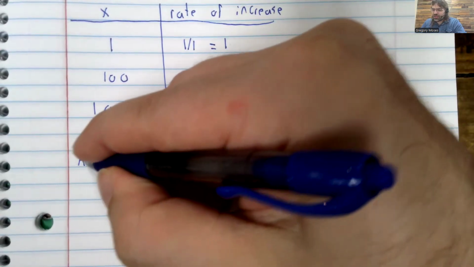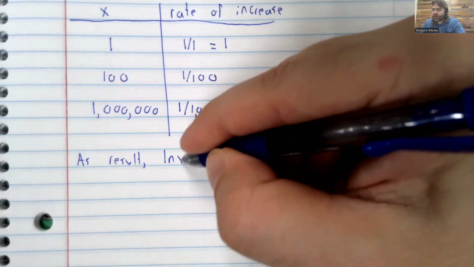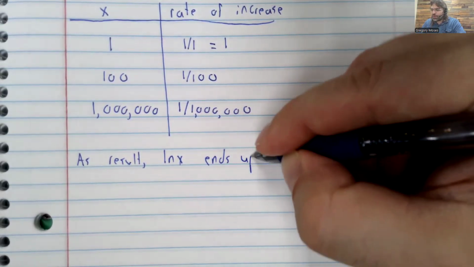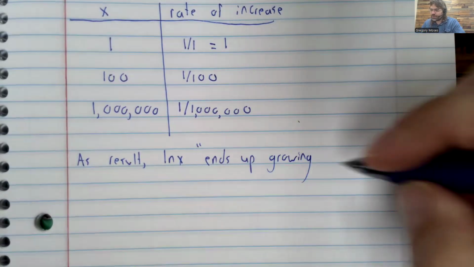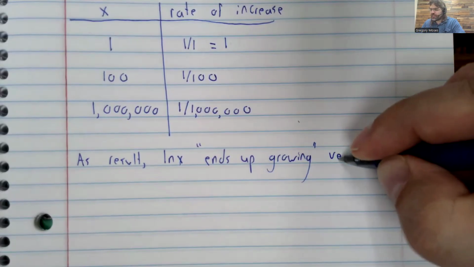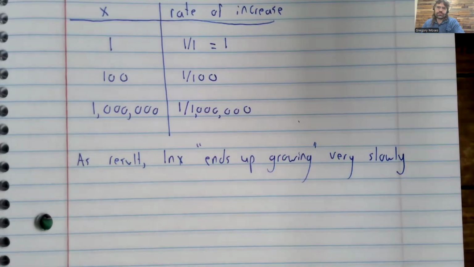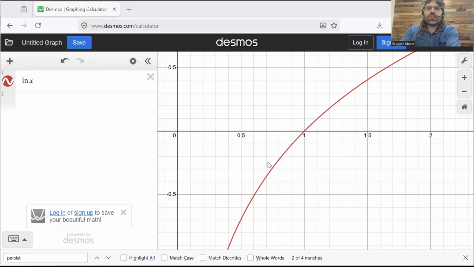And as a result, the natural log ends up growing very slowly. So here's the graph of the natural log. When x is 1, it's growing at a rate of 1.